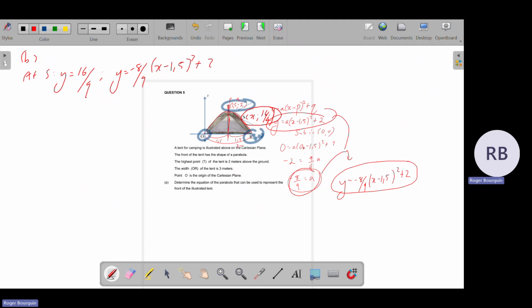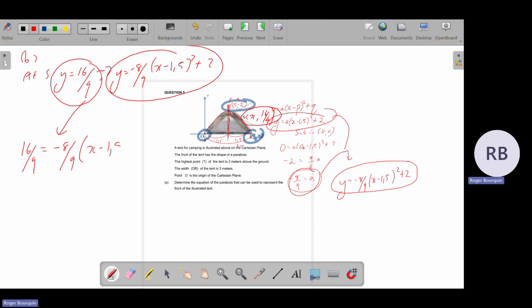Sub it in, right? We're going to combine these two things and replace y with 16 over 9 in that equation. So it becomes 16 over 9 is equal to negative 8 over 9 (x minus 1.5) squared plus 2.